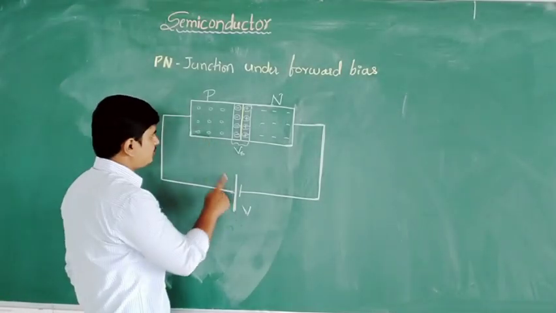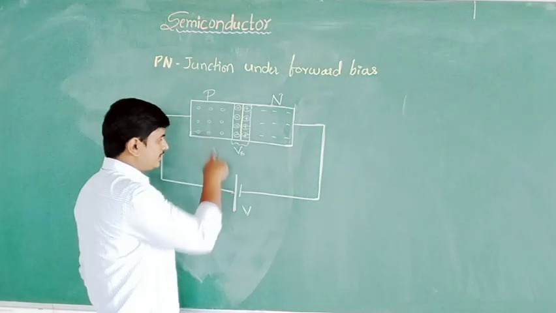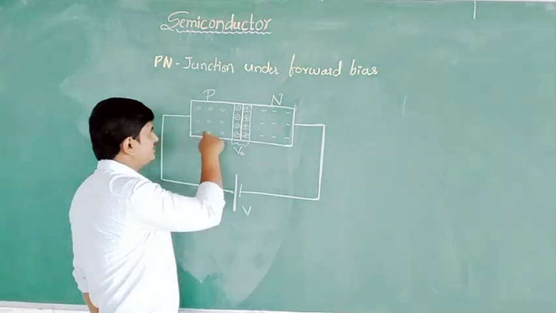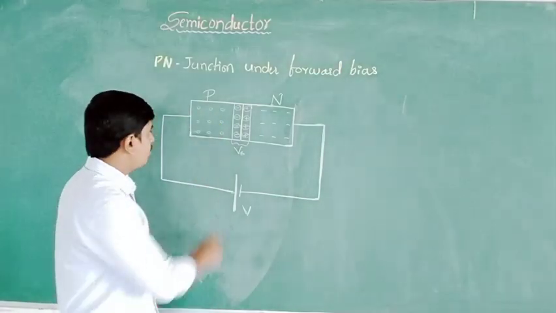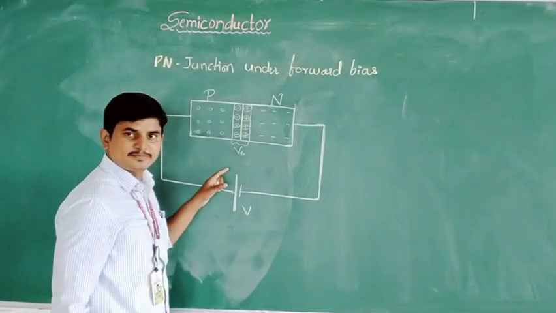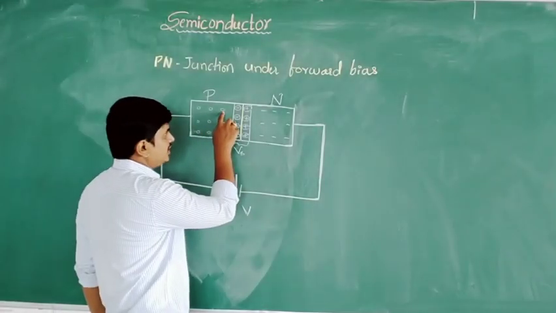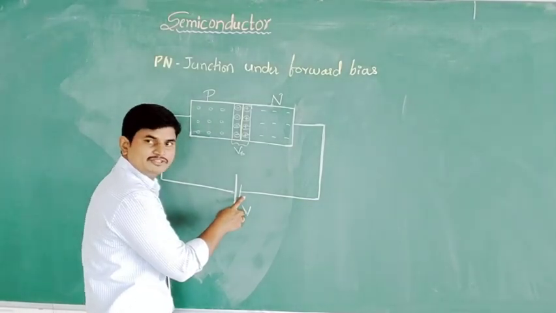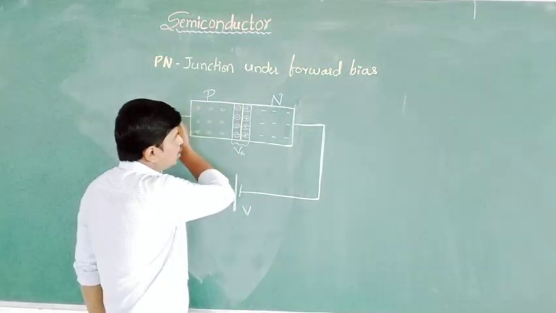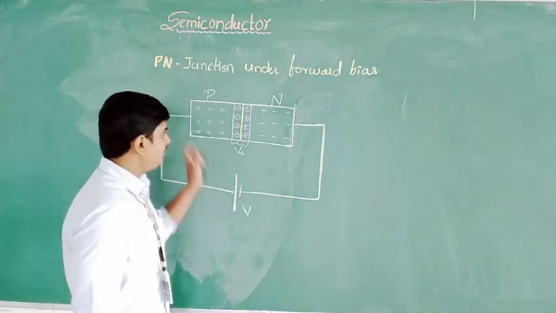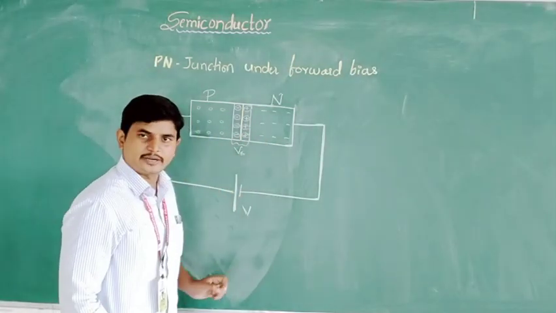Then because of the repulsion force, see here, this is the positive terminal and these are positive charges. Because of the like charges, repulsion takes place, and these positively charged holes are attracted towards the negative terminal of the battery. Hence, these holes pass through the junction and move towards the negative terminal.